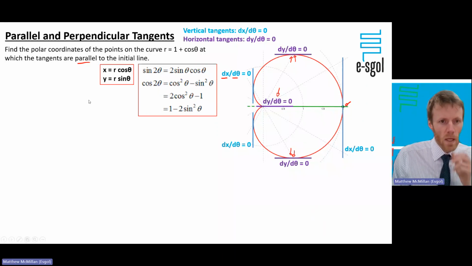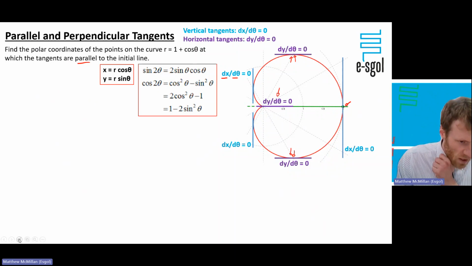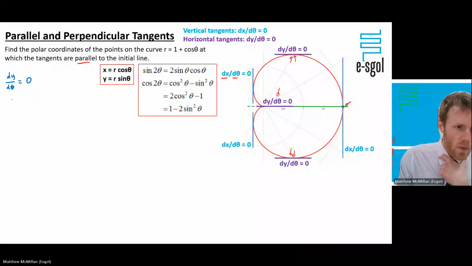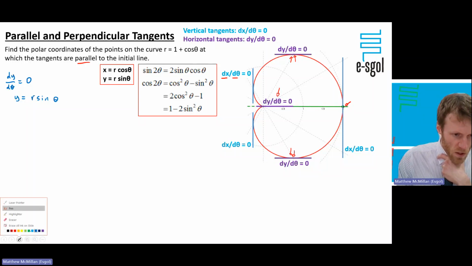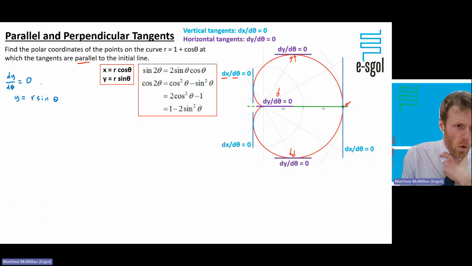So for this one, in fact, let's change the ink color. We're taking the fact that dy by d theta is equal to 0. Now let's take y. y is equal to r sine theta. And what I need to do is, there is a function for r.